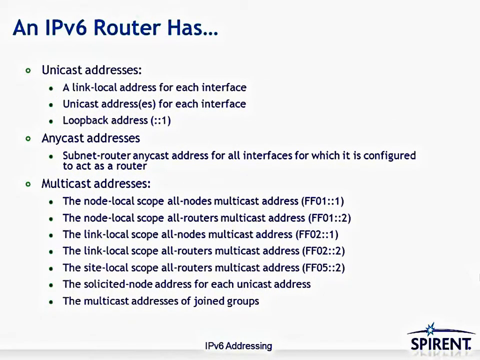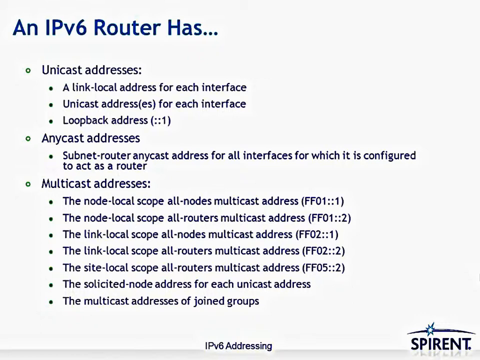An IPv6 router has similar but additional addresses as an IPv6 host. So from a unicast perspective, yes, it does have link local addresses for each interface, unicast addresses for each interface, and the loopback address. It has a special anycast address, which means any router on this subnet, and then various different types of multicast addresses.